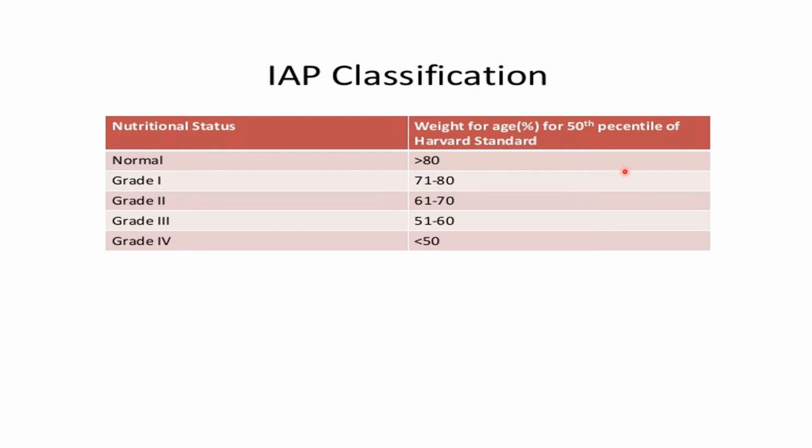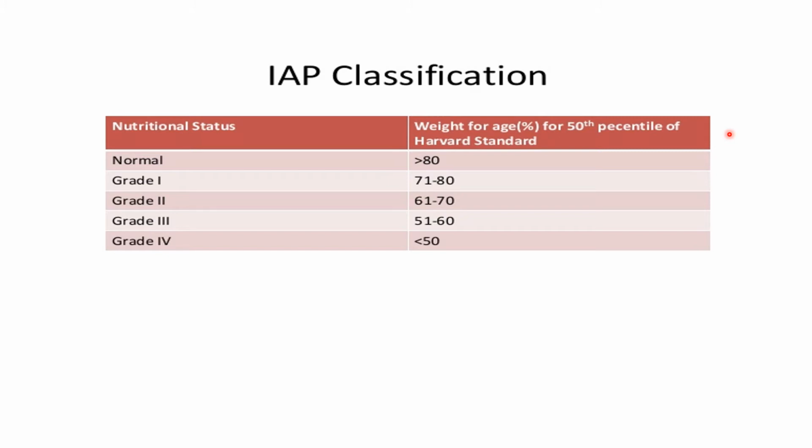Usually we have some standards like the first percentile, second, third, 25th percentile, 50th percentile, 75th percentile, 85th percentile, 95th percentile, like that. Here usually we Indians consider the 50th percentile. According to the 50th percentile, the standard values will be given.